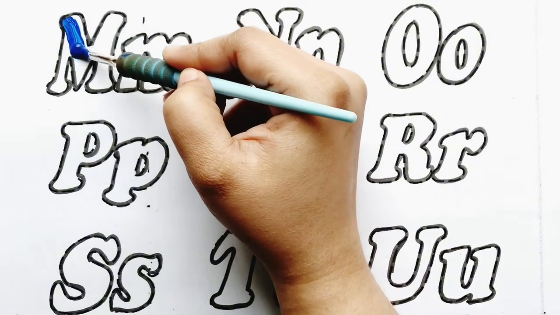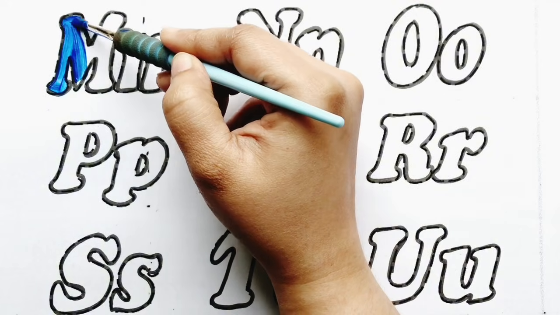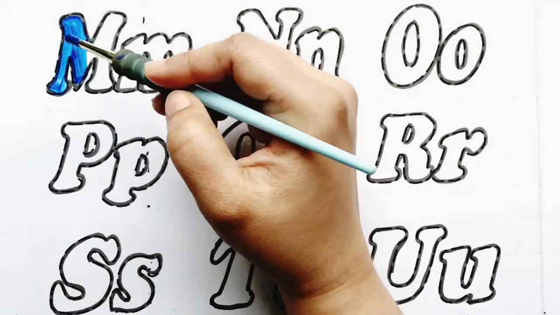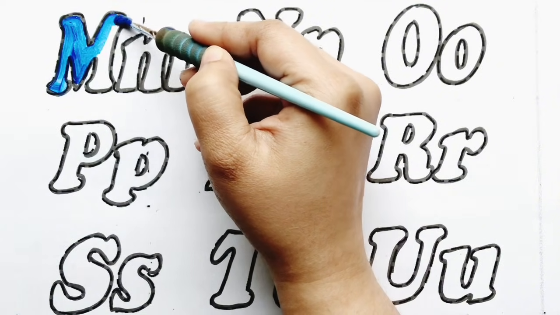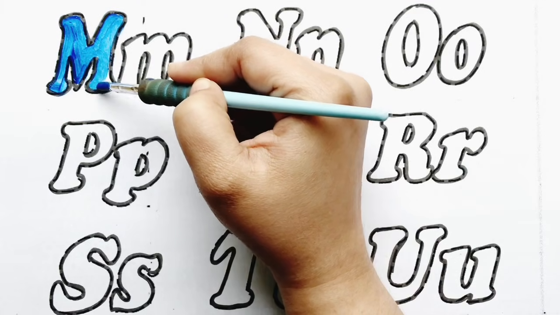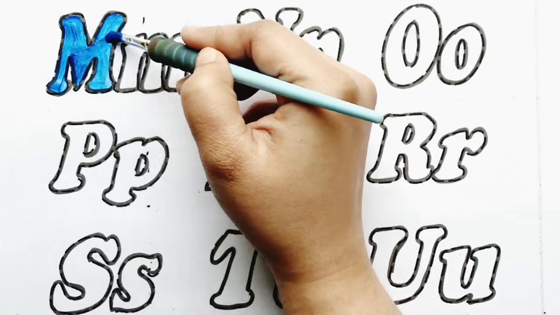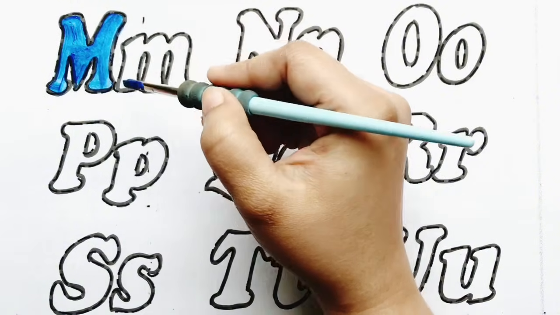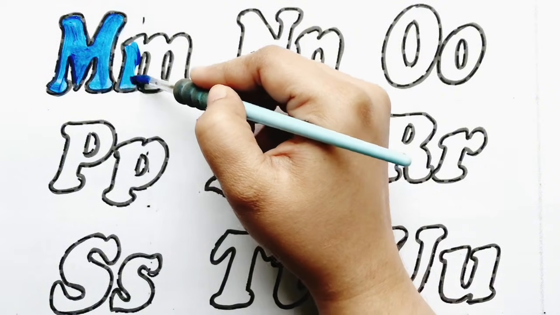Blue color, capital letter M, M for monkey. Small letter M, M for moon.